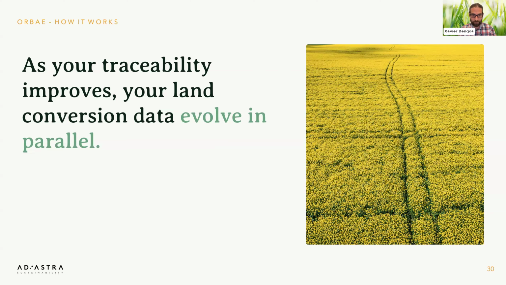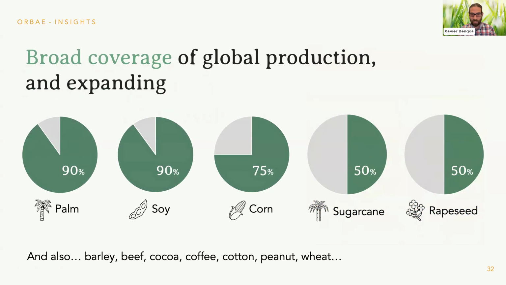To go that far, it required gathering, cleaning, and processing a lot of data at high resolution. Where we're at today is with a pretty broad coverage of high-risk commodities across the globe.